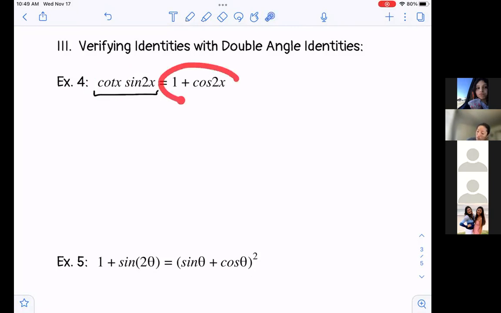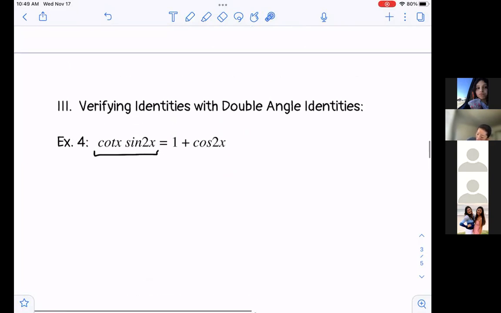Now let's look at the right-hand side though. Do I see anything with a tangent on that side? I don't think so. I don't see anything with a tangent. So it's not wrong to say, and I'll write this up here, cotangent x equals 1 over tangent x. There's nothing wrong with that.